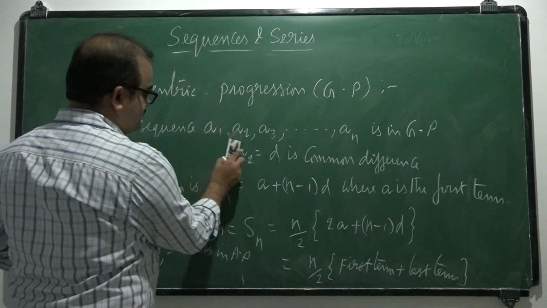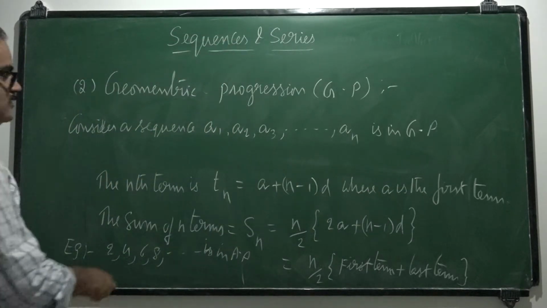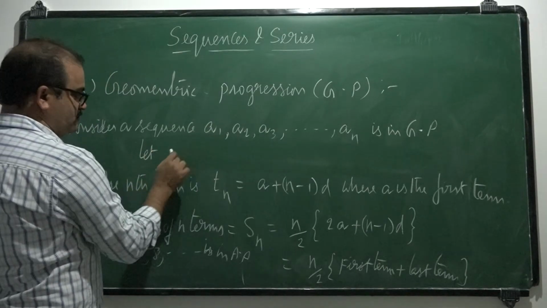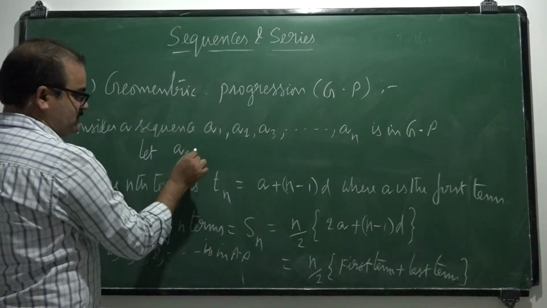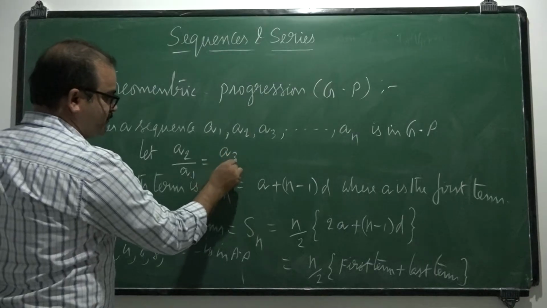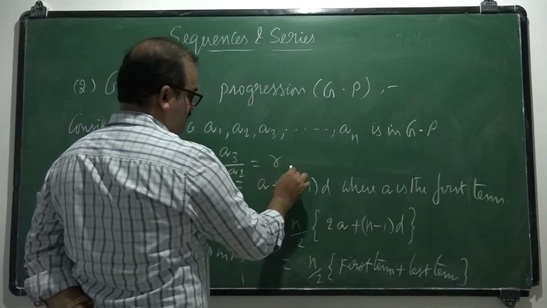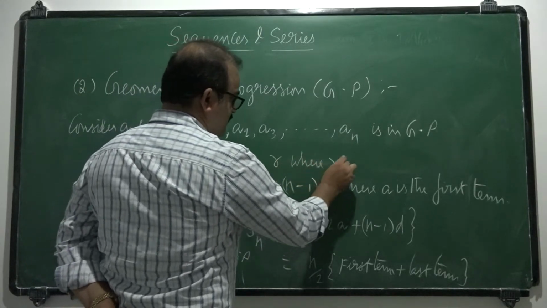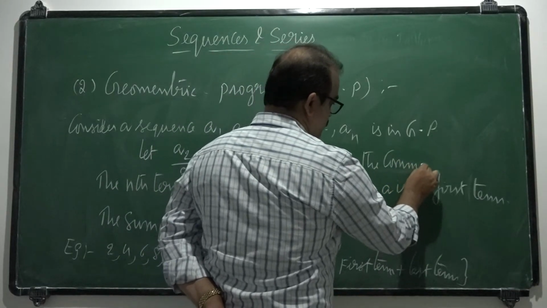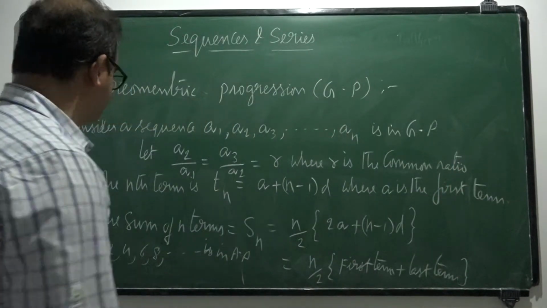If the sequence is in geometric progression, then the common ratio is constant. Let common ratio between two successive terms, that is A2 by A1 is equal to A3 by A2 and so on. This is equal to some R, where R is the common ratio.